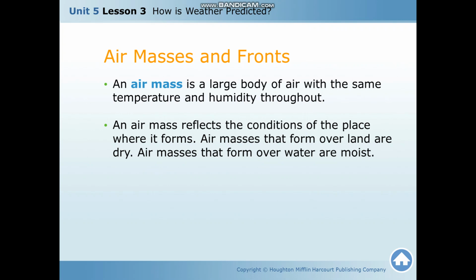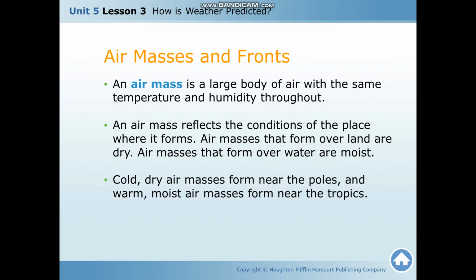Air masses that form over land are dry. Remember, air masses that form over the land are dry. Air masses that form over the water, on the other hand, are moist. So again, if it is on the land, air masses that form there are dry, and if it is over the water, then the air masses that form there are moist.